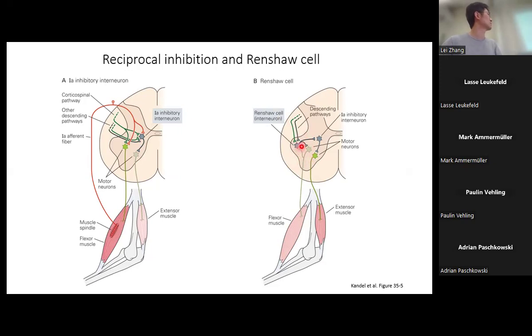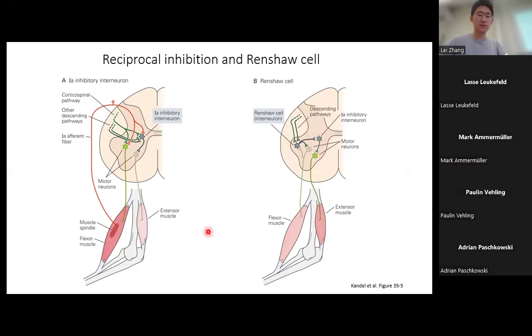Still, it's not very clear what the exact function of the Renshaw cell is, because it's also modulated by the descending pathways. Depending on different tasks, you can have different input to this Renshaw cell. And it also projects to the opposite side, to the antagonist, and has the opposite effect on the other side.